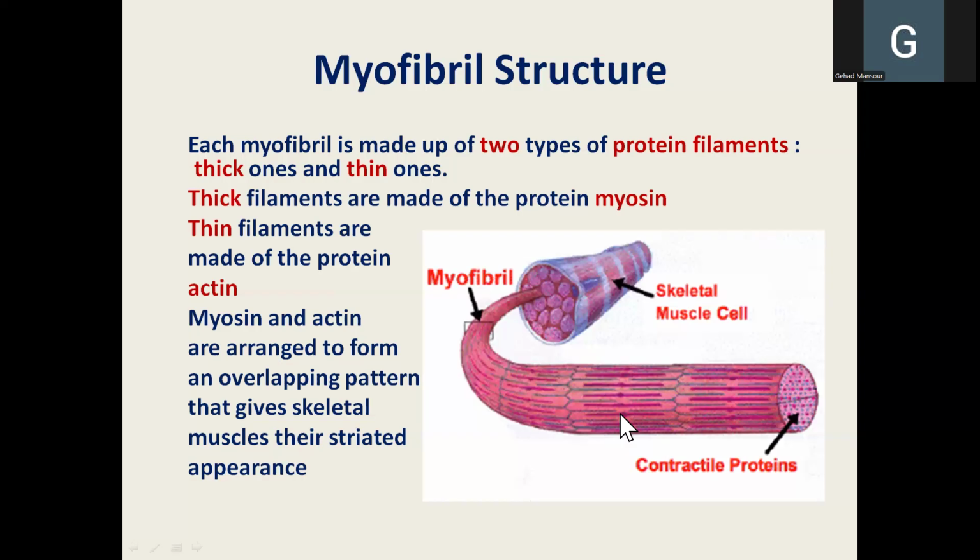The areas of the sarcomere or of the myofibril, as you wish, that contain both myosin and actin are the A bands or the dark bands, whereas those areas that extend over two sarcomeres and contain only the actin filament, like this part, for example, are considered the light bands.